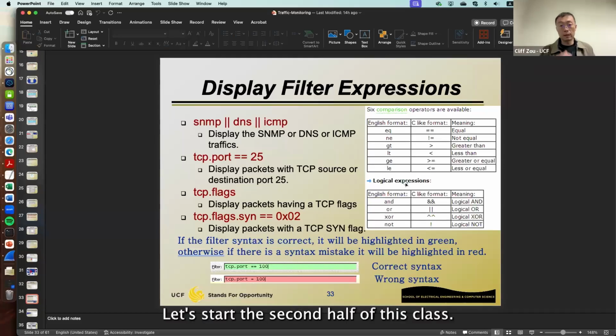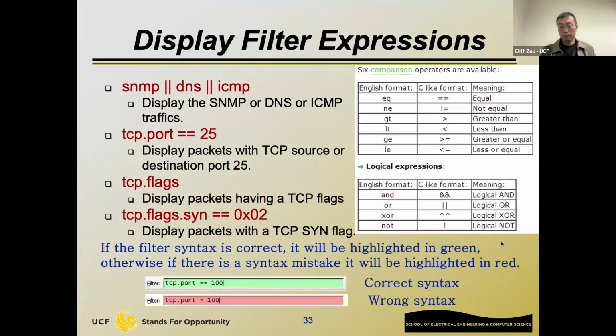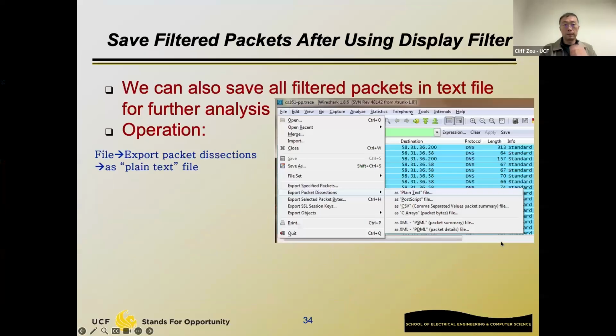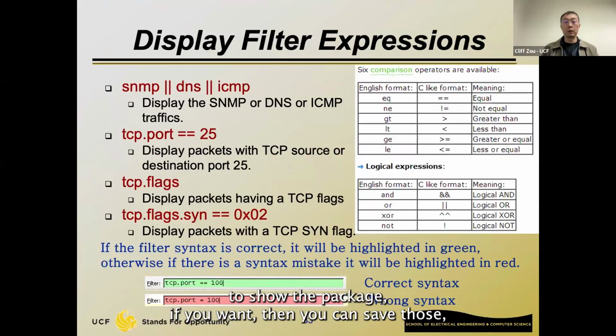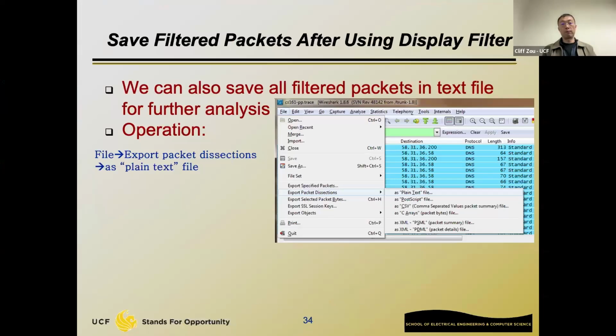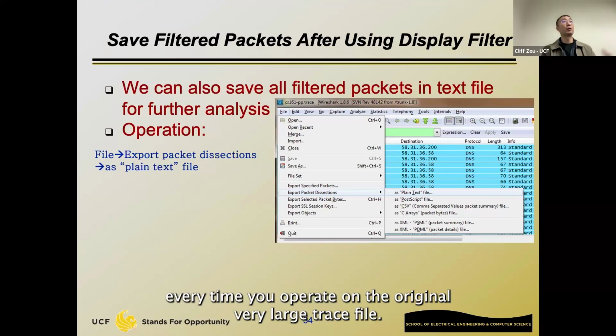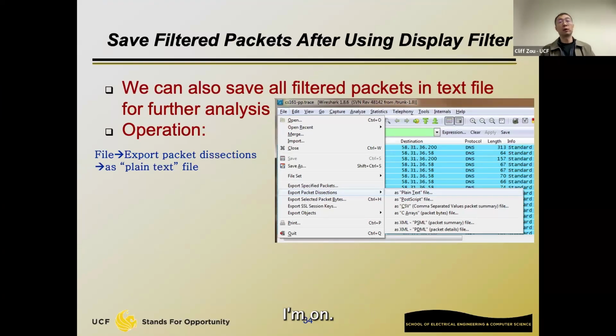Okay, let's start the second half of this class. First, after you use a display filter to show the packets you want, you can save those displayed packets in a separate trace file so that you don't need to operate on the original very large trace file every time anymore.